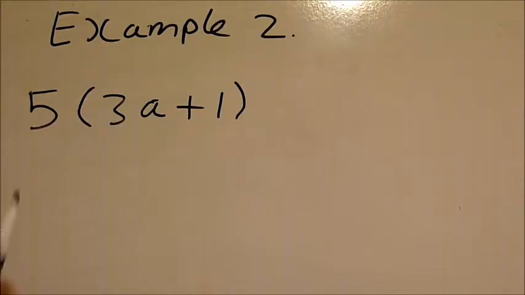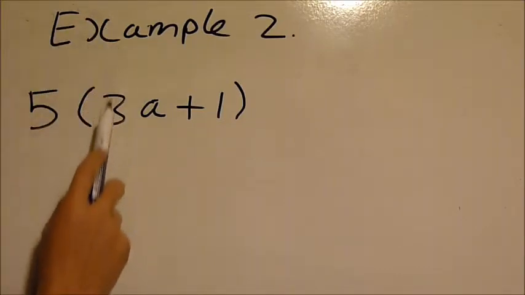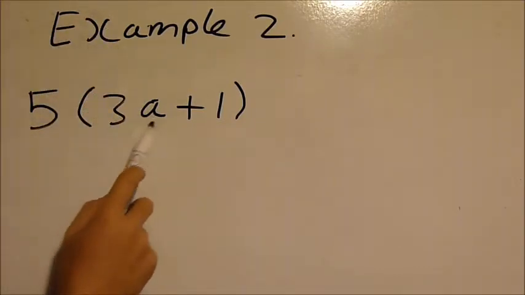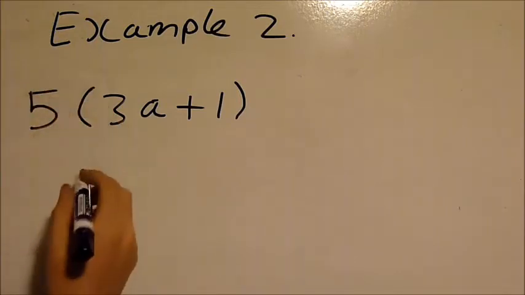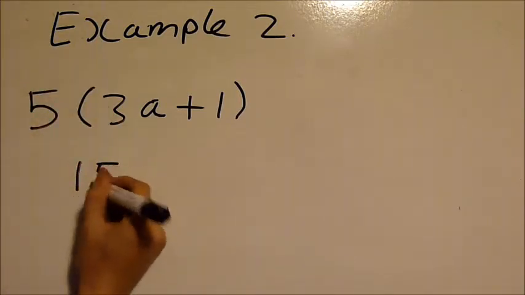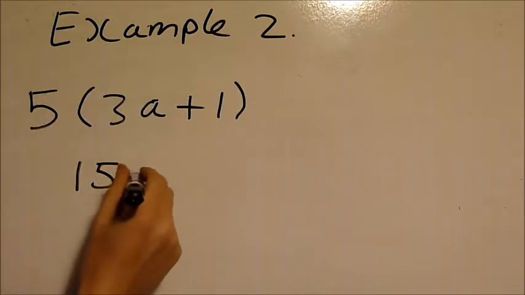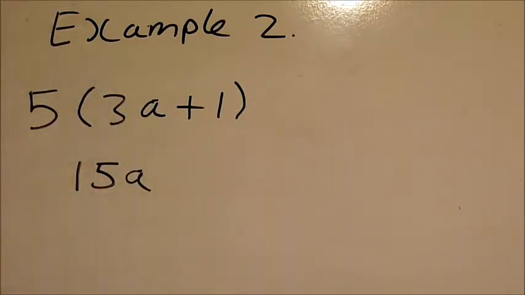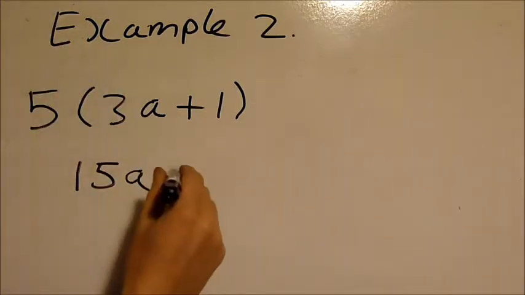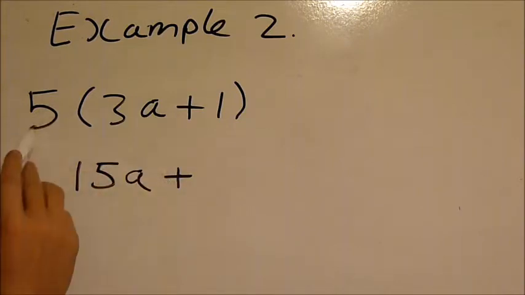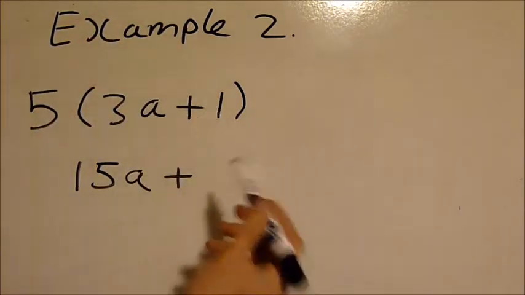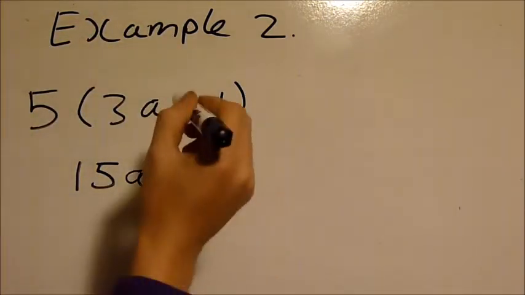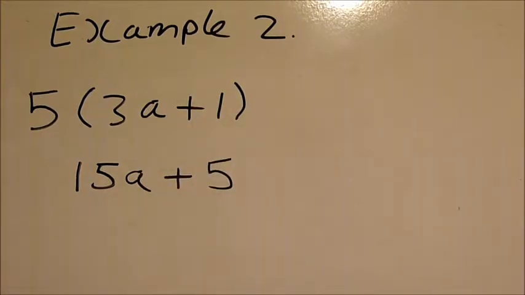So to begin with, we're going to do 5 times 3a. So 5 times 3 is 15, and that's a, plus 5 times 1, which is just 5. And that's the solution.